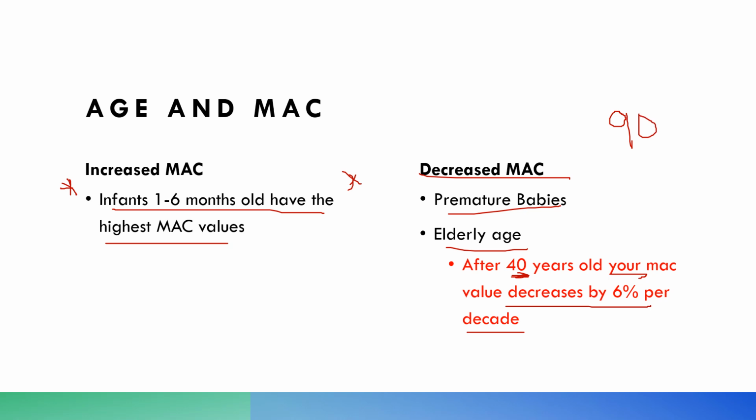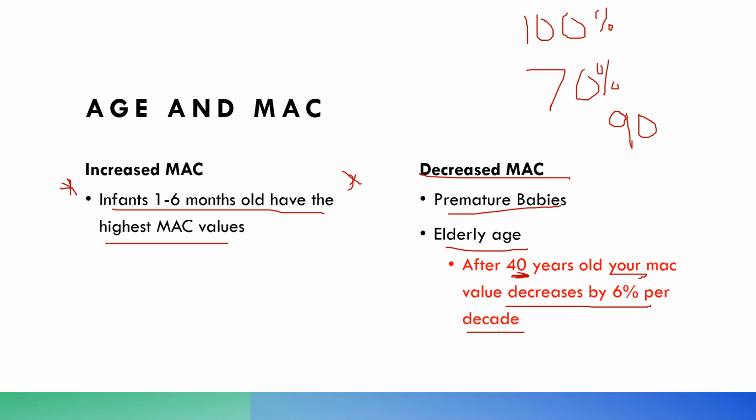All right, if we have 100% of our MAC, and then say we're at 70% now, right? Because we have 6% per decade. That's going to be 5 decades. 6 times 5 is what? 30.